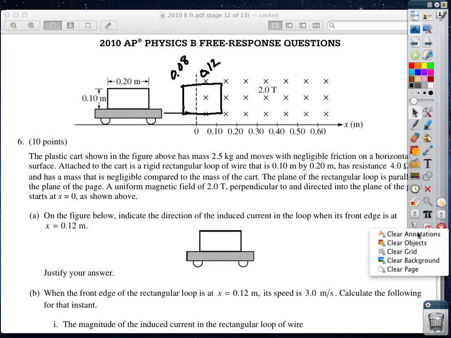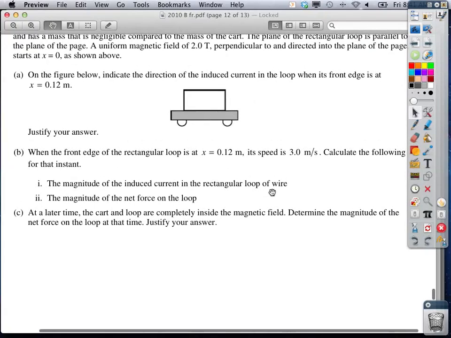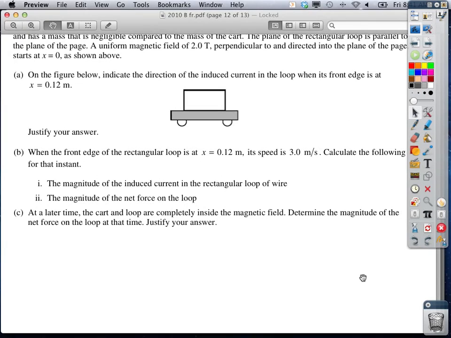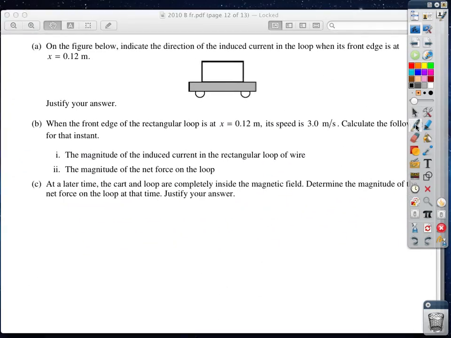And then, of course, it's going to have to shift. So when it's 0.12, its speed is 3 meters per second. Calculate the following for that instant. The magnitude of the induced current in the rectangular loop of the wire. It's 0.1. Yeah. So, let's see. Otis, what is Faraday's law?